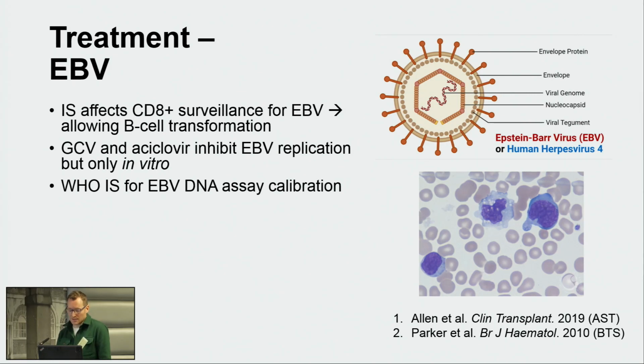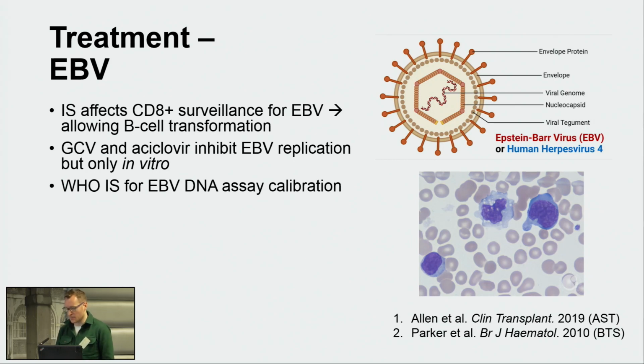We know that ganciclovir and acyclovir can inhibit EBV replication in vitro, but that's not really been demonstrated in vivo models. The World Health Organization has a specific kind of lab-based criteria, international standards for the EBV DNA assay, so that hopefully all labs are working off the same hymn sheet so that we get similar results between labs.